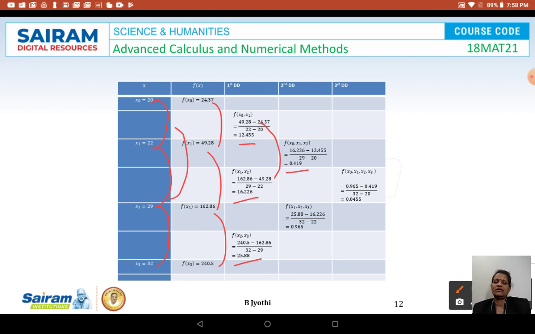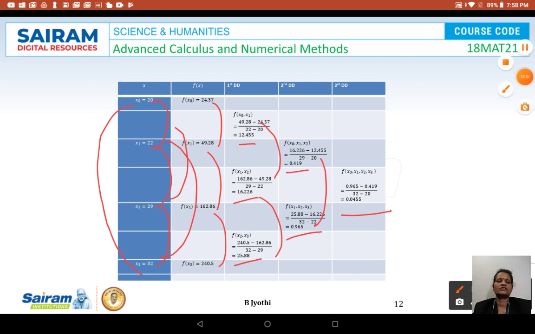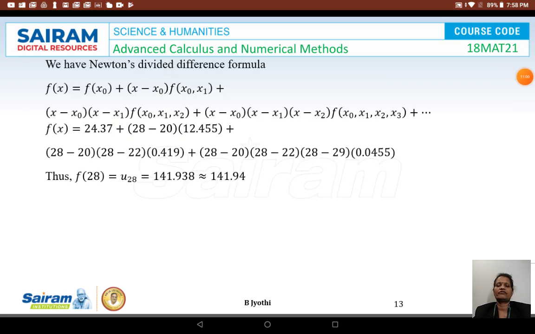Similarly, this is obtained by taking the difference between these two divided by the difference between the second and the fourth value. And finally, the third divided difference is obtained by taking the difference between these two divided by the difference between the first and the last value, which gives us 0.0455.